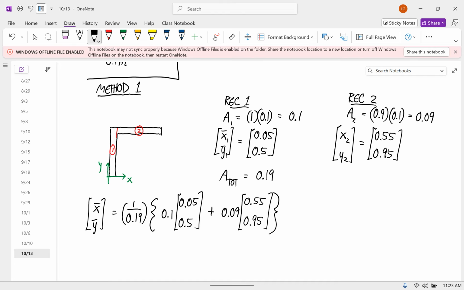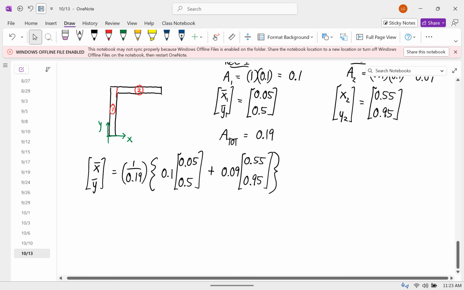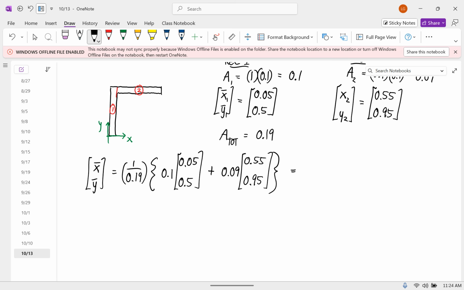And your calculators will do calculations like this, just using the multiplication and addition symbols. And what you should get for that is about 0.287, 0.713.